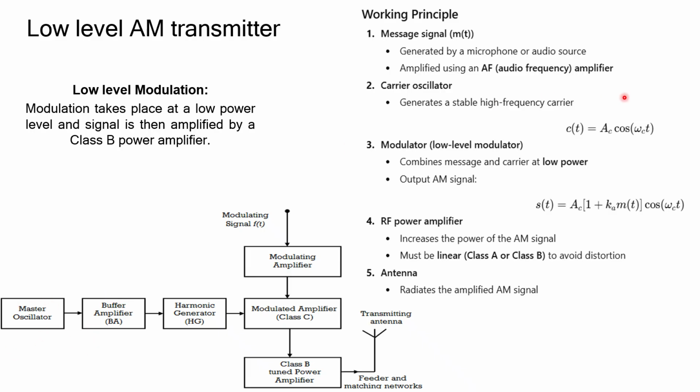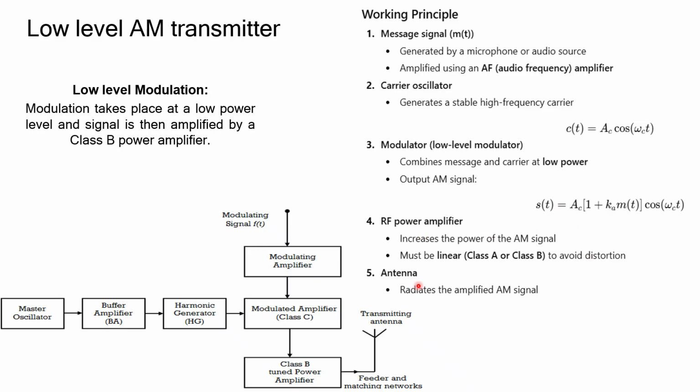Master oscillator, different frequency signals, that is the carrier wave. And then your modulator, that is s(t) = Ac[1 + km(t)] cos(ωc t). Here we are adding both the carrier signal and the message signal. So this is your modulated wave finally, and this one we are going to send by the transmitter, right?